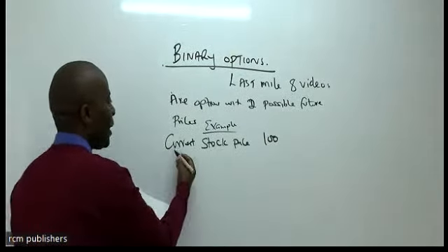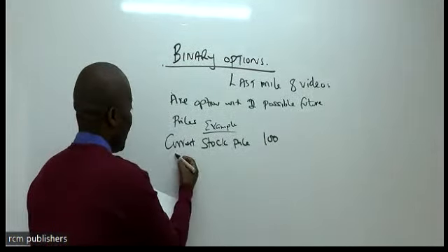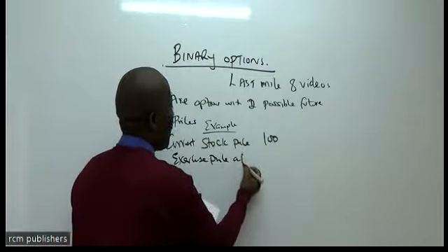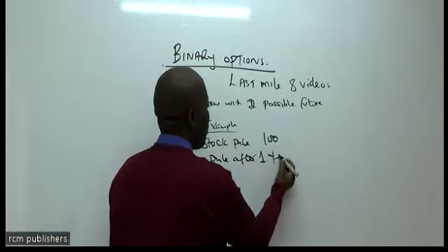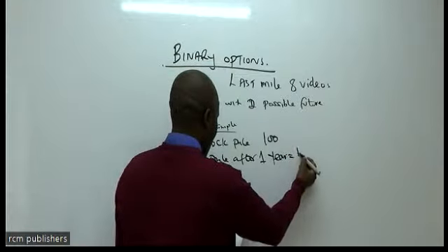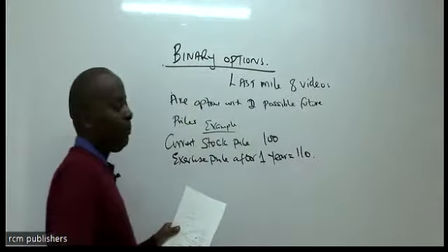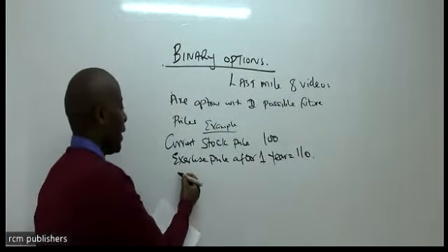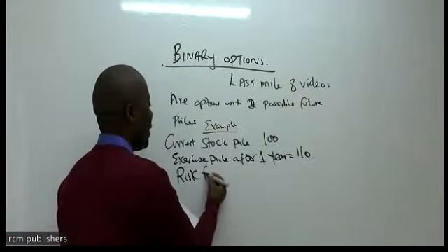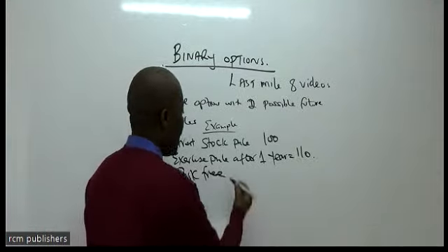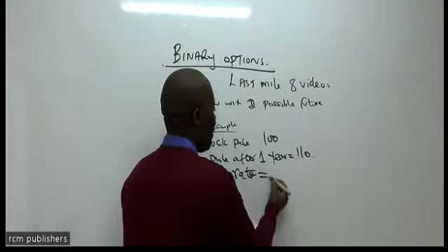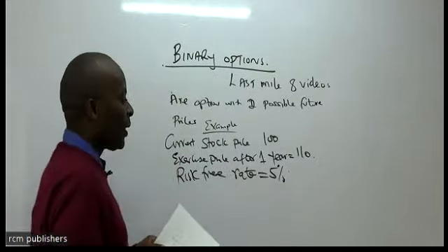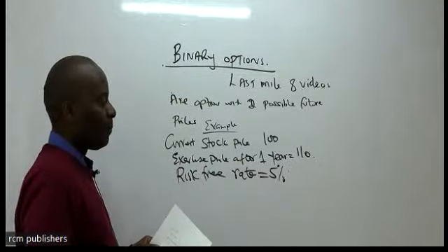Exercise price after 1 year will be 110. And then they have given us the risk-free rate. The risk-free rate is 5%, right?